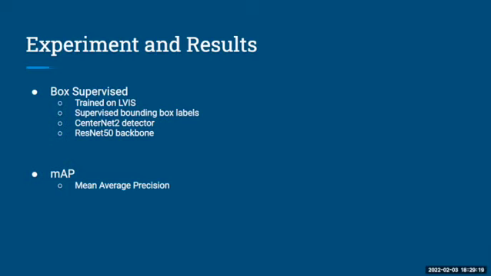Precision is the measurement of how accurate your predictions are, so the percentage of your predictions that are correct, and recall measures how good you are at finding all the true positives. And as I mentioned, mean average precision is the area under the precision recall graph, and basically, the higher the mAP value, the better the results are. For every experiment that you guys are about to see, they tested it 3 times and then took the average mAP.